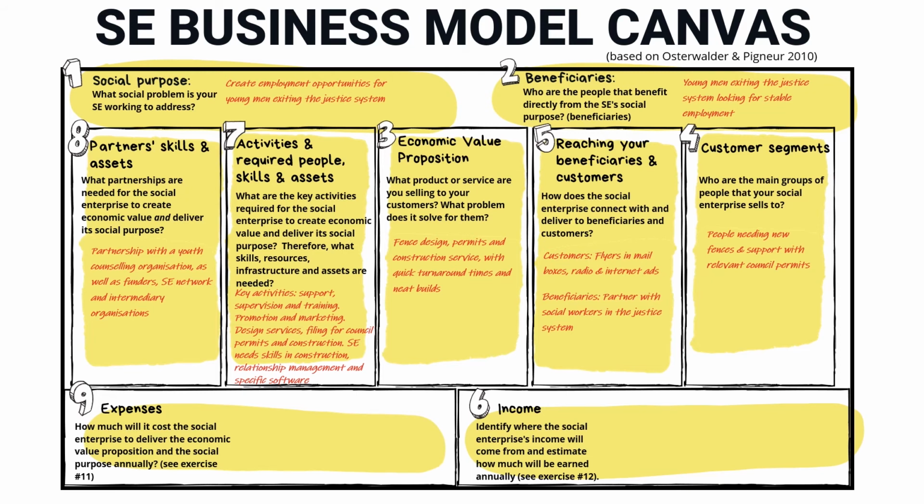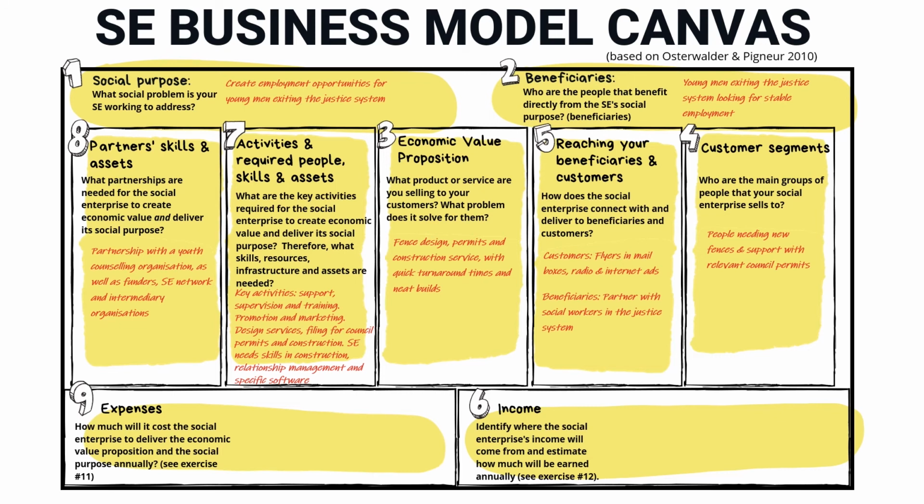To achieve all this, we know we need skills and capabilities in fencing design, permit applications, and fence construction. To do this, we need people with these skills, but we also need construction tools, design software, and perhaps some clever IP that makes applying for permits in different councils quick and simple.